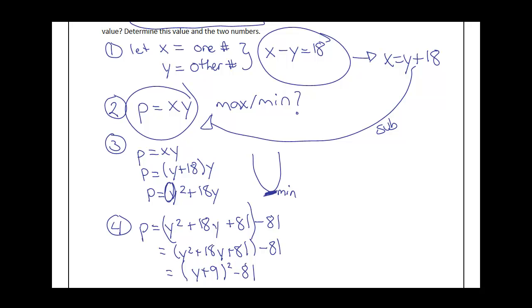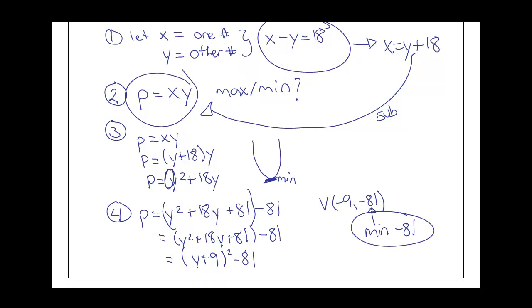Now from our equation in standard form, we can determine that the vertex is going to be -9 and -81. And hence from our y value, we know that our minimum is now -81. We can also determine what our x and y values were for our original numbers.